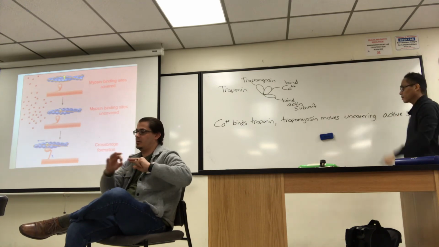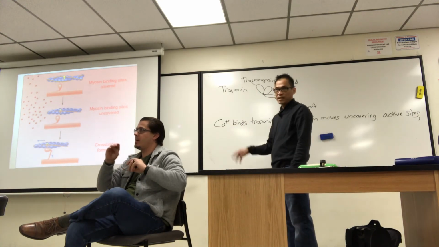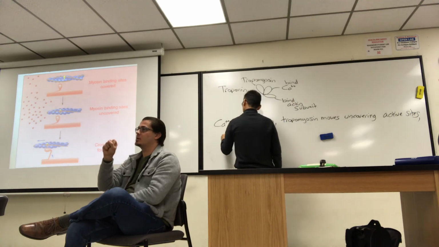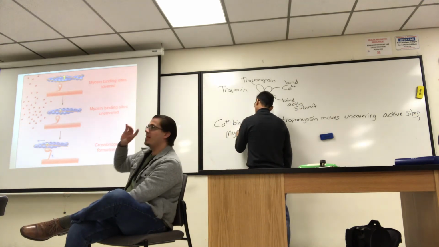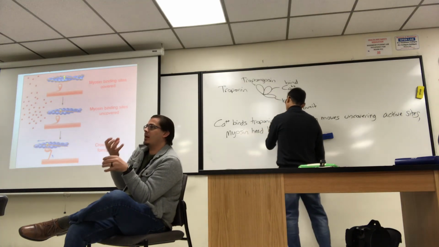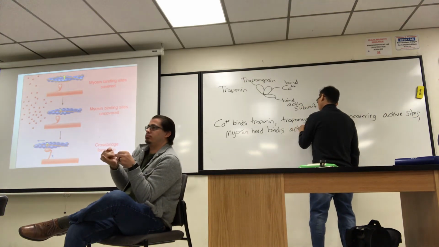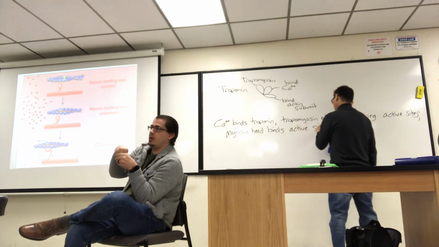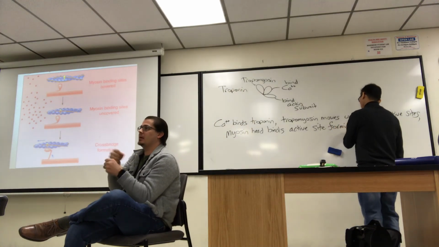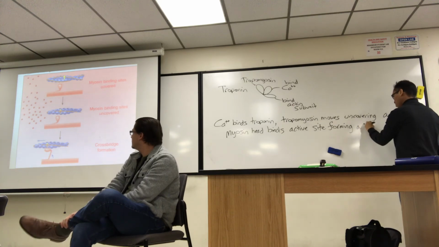And after that, the myosin head binds the active site, forming what's called a quote-unquote cross bridge.